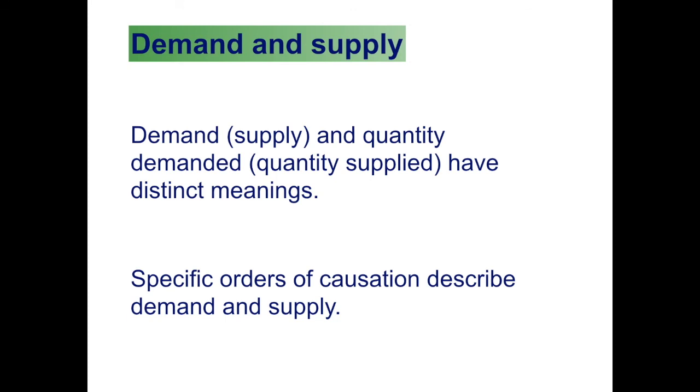We also learned about orders of causation. So the first thing that happens is an increase or a decrease in demand or supply. Then there's going to be a price change. And then there's going to be an increase or decrease in the quantity supplied or quantity demanded.